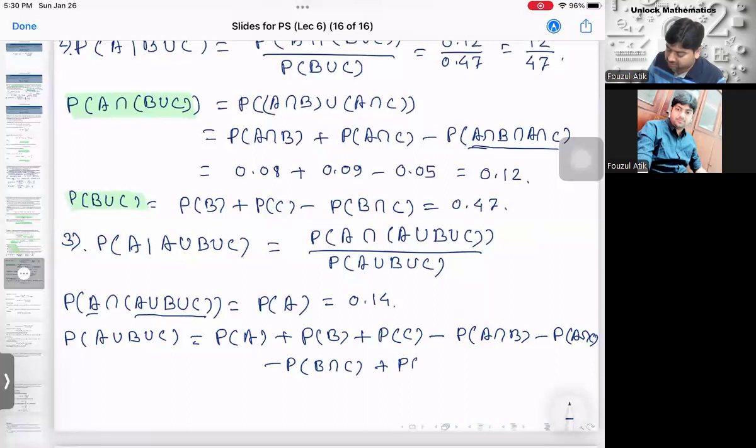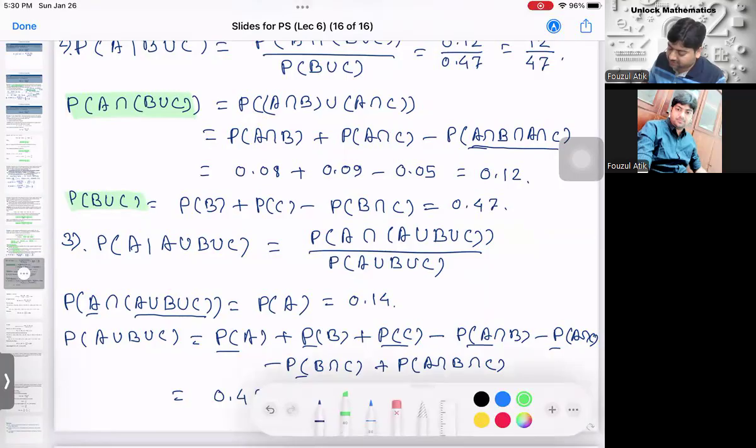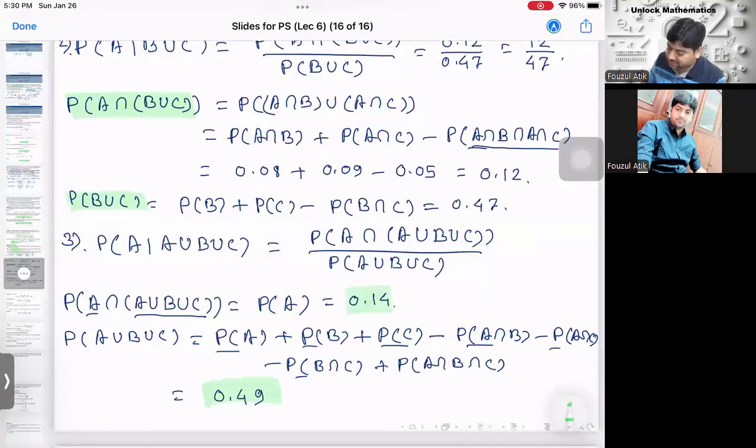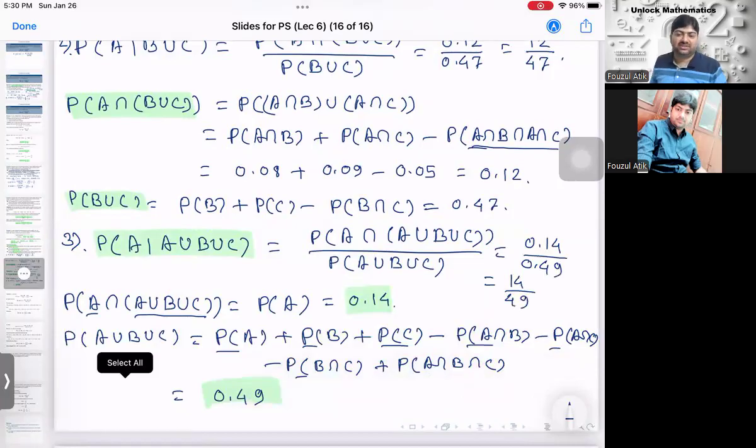They are all three intersections, so A intersection B intersection C. Now all these values are already given. Substitute the values and you will get 0.49. Therefore, substituting these values, 0.14 and this value, we get the answer equal to 0.14 divided by 0.49. It is 14 by 49. We can divide by 7, so it is 2 by 7.